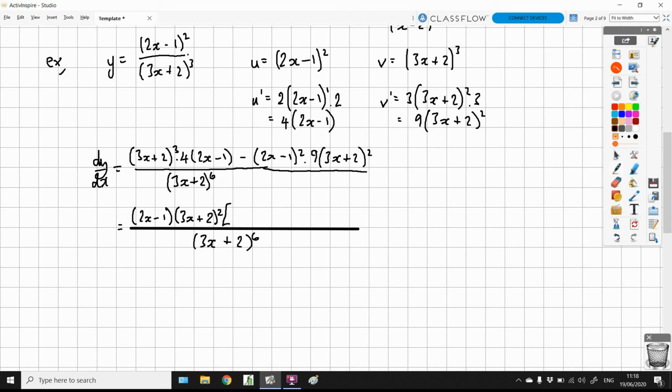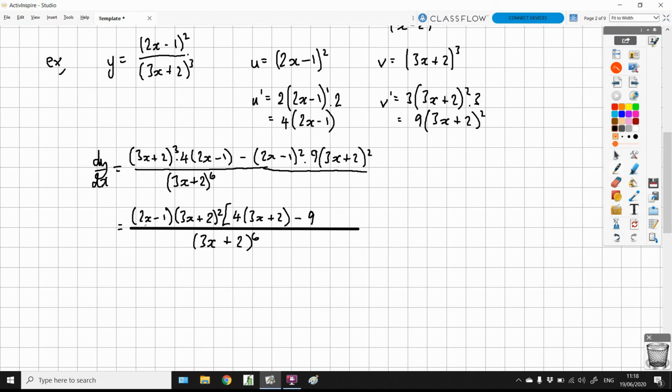And now I need to think carefully about what I need to put inside this square bracket. I've got a 4 that I need to account for. 4 times that, but I need another bracket of 3x plus 2. So I've got that. Minus 9.